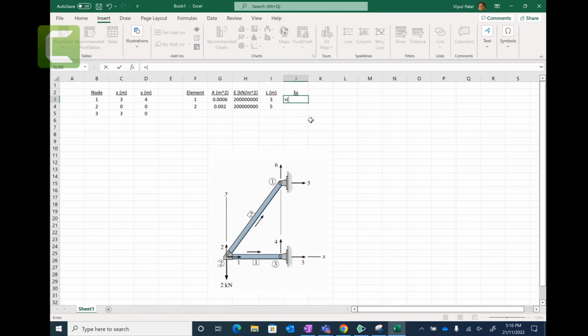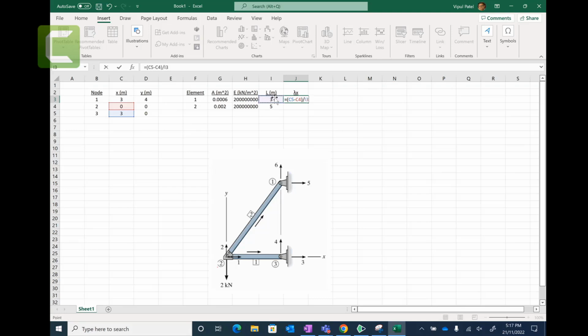Equal to bracket, and this is here. So node number 3, node number 3x minus node number 2x, divided by the length.